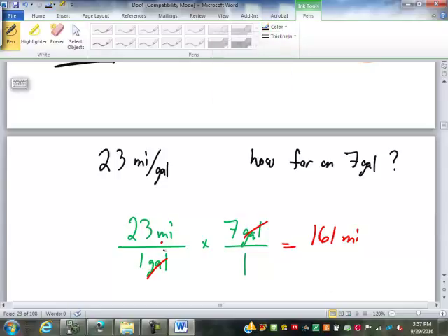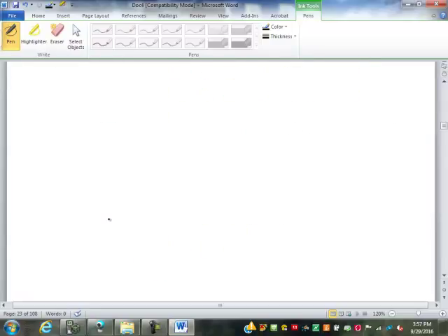It's what goes on bottom that would be the basis of calculating what's on top, generally. So for example, in the medical field, let's say a medication is listed as 8 milligrams per kilogram.